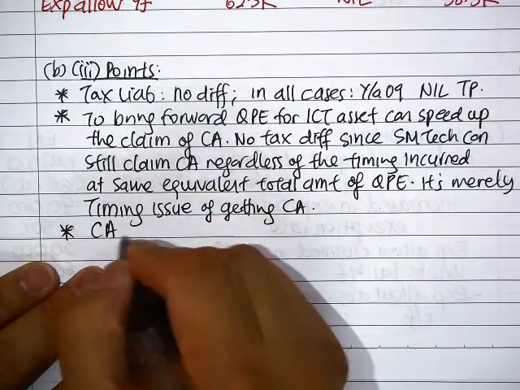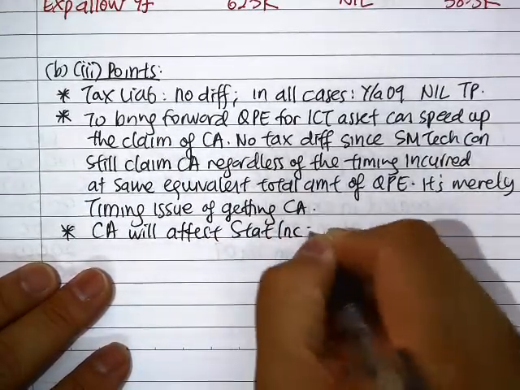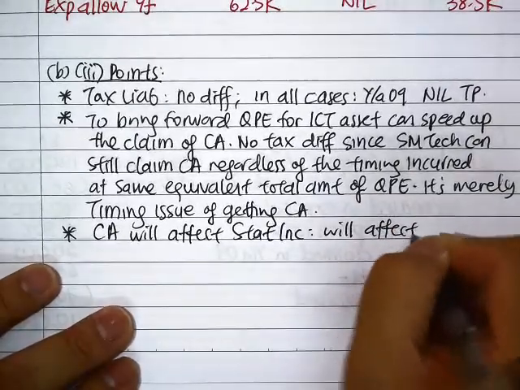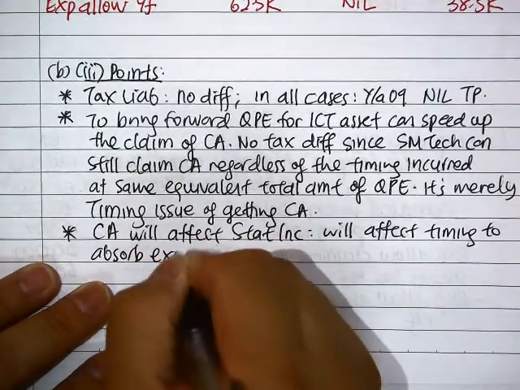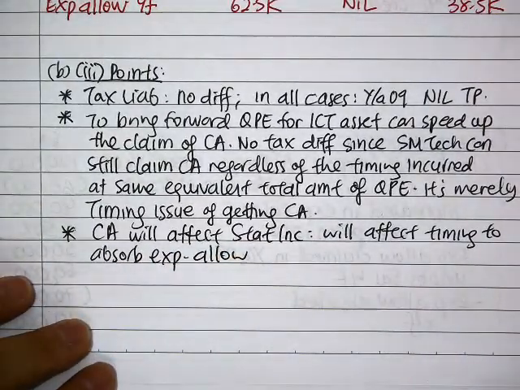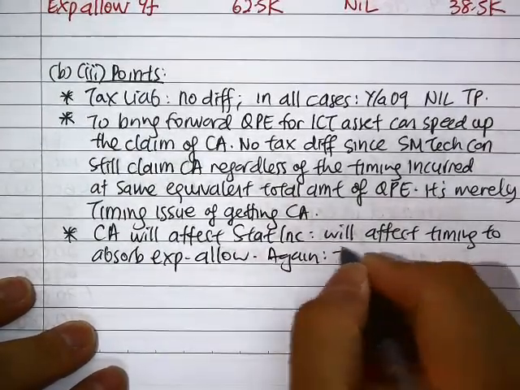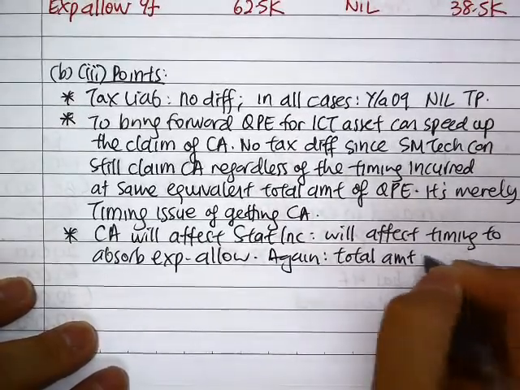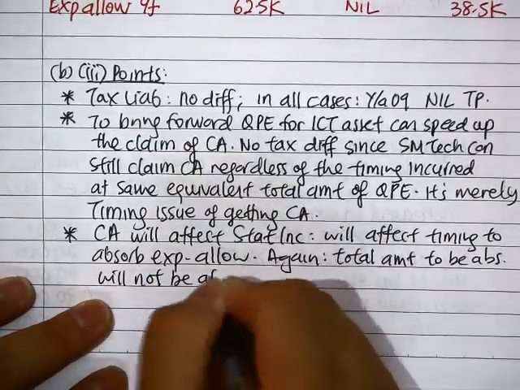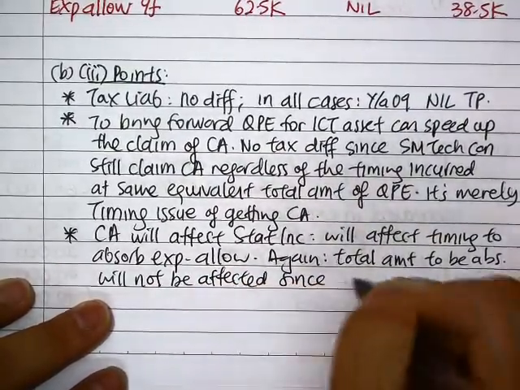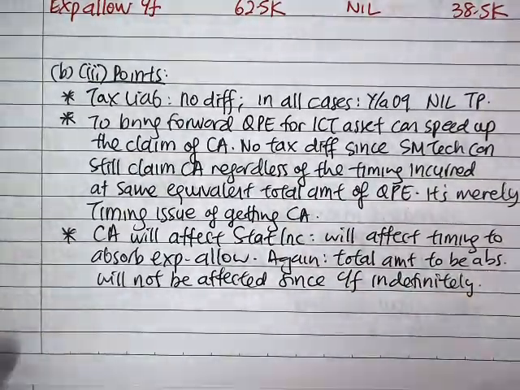Now the CA will affect statutory income, which will then affect the timing to absorb export allowance. But again, the total amount to be absorbed will not be affected, since you can carry forward indefinitely.